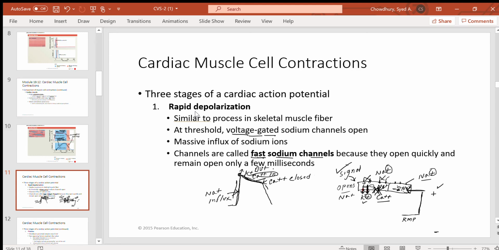So potassium will continue to get out more. If only positive potassium gets out, inside the cell will move towards less positive, right? Because potassium is getting out, we'll move down. That is the repolarization. So potassium out, or efflux.